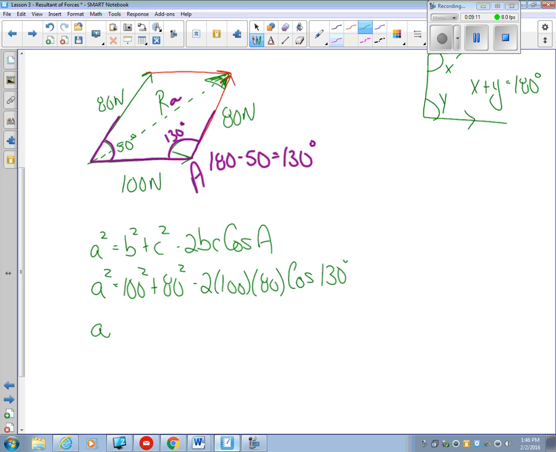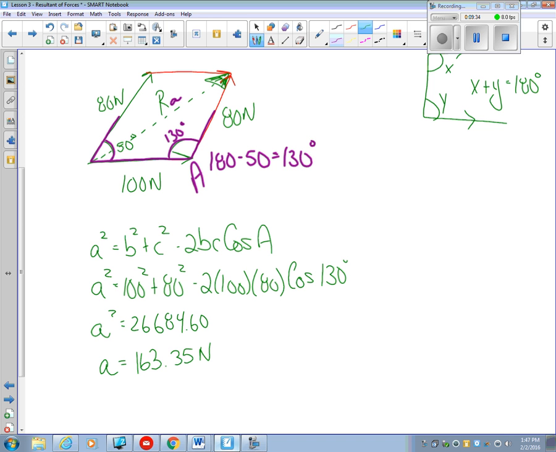For that, we'll get A squared equals 26,684.60. That's A squared. So we square root that. Remember, A is our resultant. So it's 163.35 newtons.